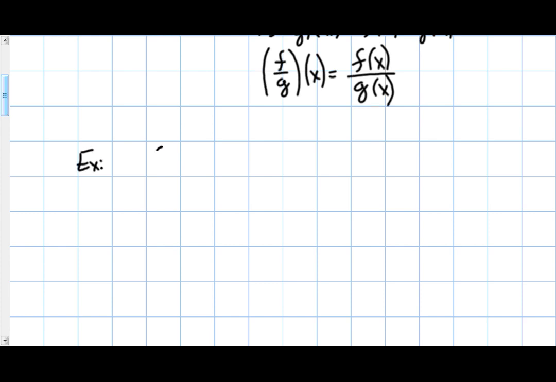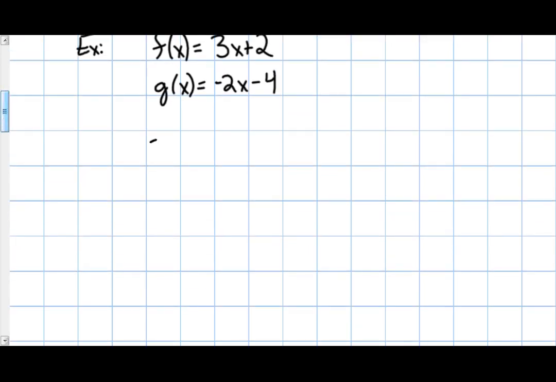Okay, so let's say f of x equals 3x plus 2. Let's say g of x equals negative 2x minus 4. And our instructions say find f plus g of x.